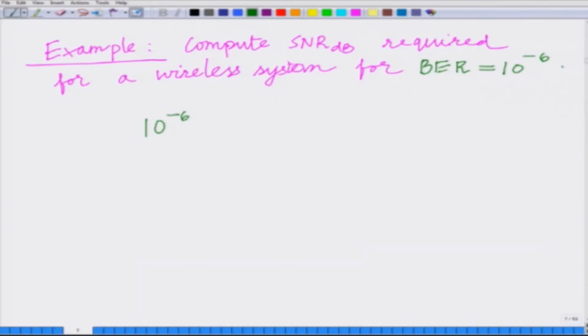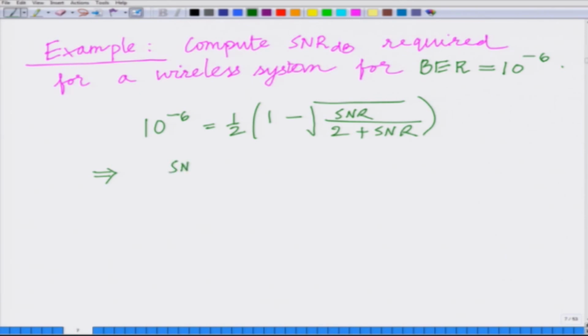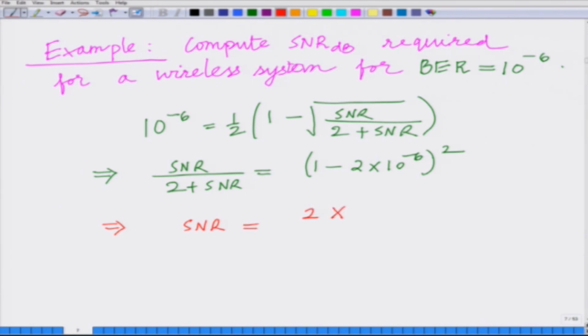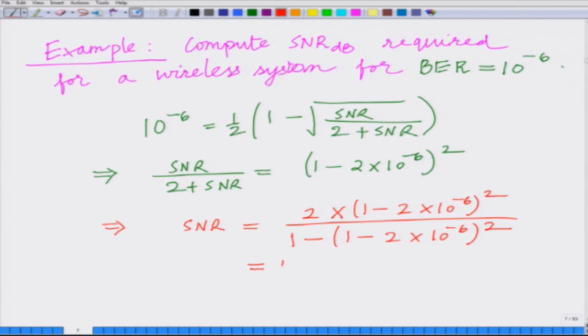Therefore, we have 10 to the power of minus 6 equals half times 1 minus square root of SNR divided by 2 plus SNR, which implies that SNR divided by 2 plus SNR equals (1 minus 2 times 10 to the power of minus 6) whole square, which implies that SNR equals 2 times (1 minus 2 times 10 to the power of minus 6) whole square divided by 1 minus (1 minus 2 times 10 to the power of minus 6) whole square, which equals 4.99 times 10 to the power of 5.